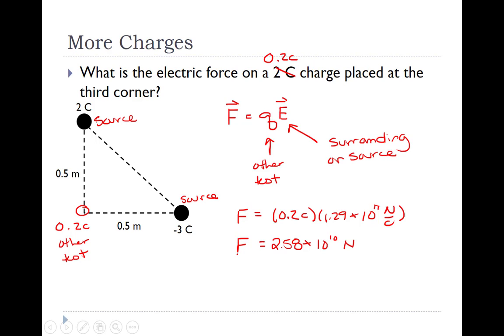The direction will be along the electric field line. And so since the electric field line is coming down like this at a 33.7 degree angle, then the force will also be at that 33.7 degree angle below the x-axis.